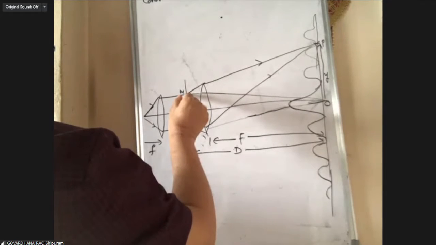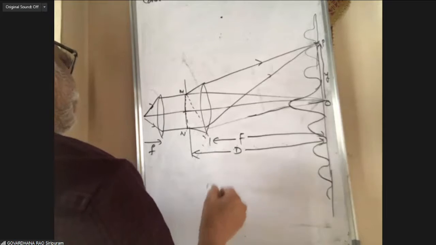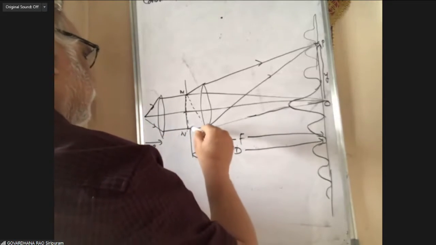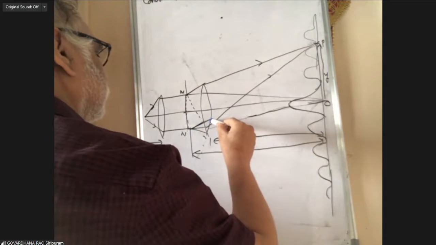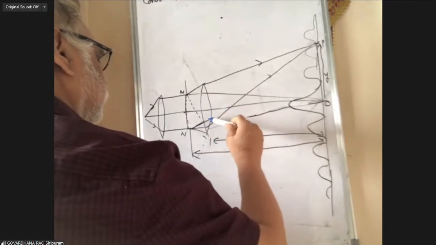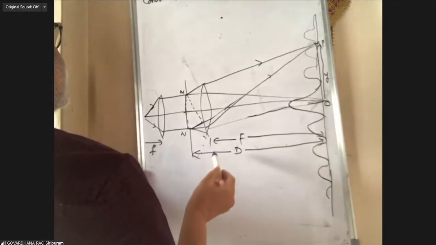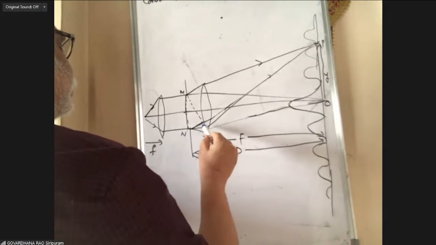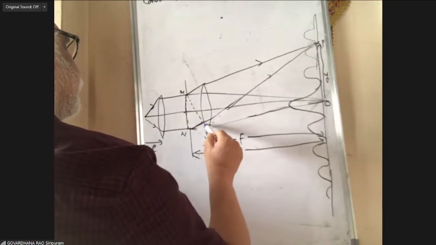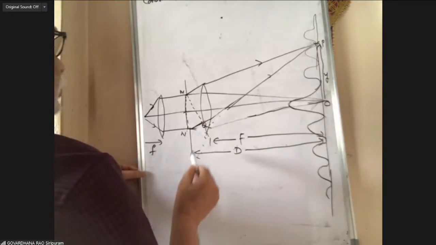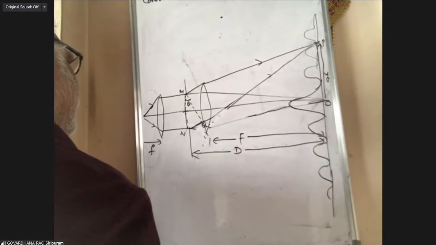So the path difference here is, now, the path difference is this. This is Q. This is theta. Okay.